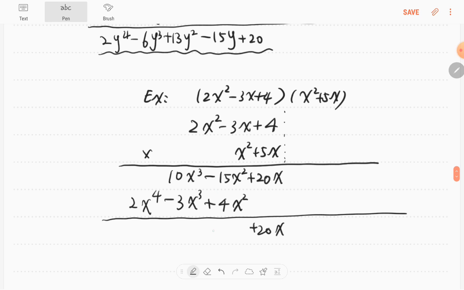So here you will have negative 11x squared. And here you will have 7x to the third. The last one, 2x fourth. So that's how we do the multiplication by using the vertical format.